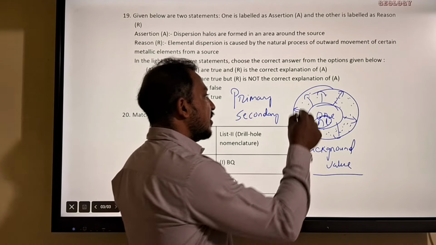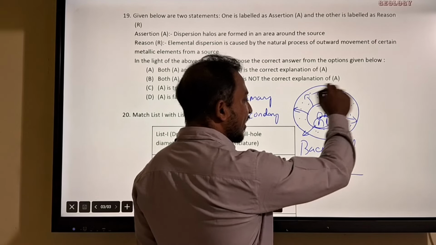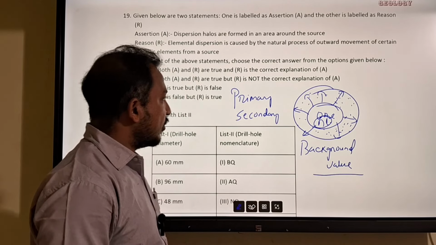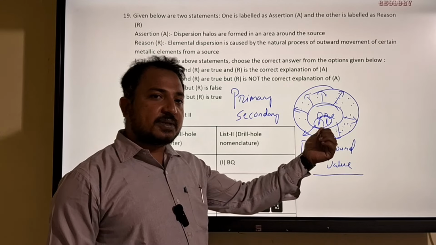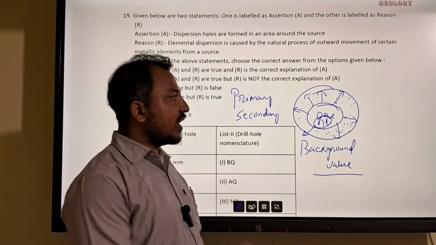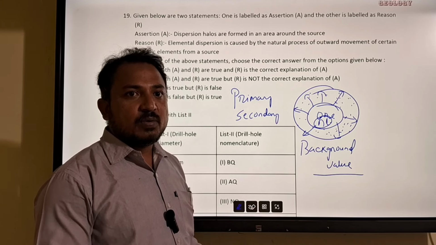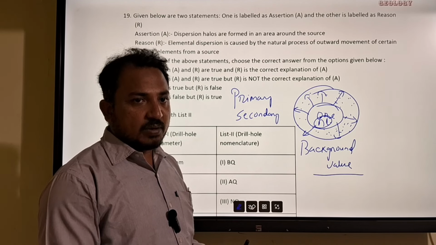That means from the main ore, they disperse to the nearby region. There are two types, primary and secondary: during the formation of the rock, or after the formation of the rock, because of weathering and erosion, they can disperse to the nearby region, which is very helpful to locate the main ore deposit.